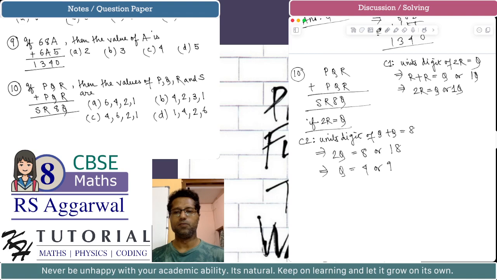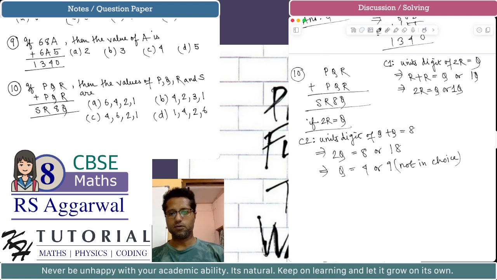But we do not see 9 in any of the given choices. So we should ignore the value of q as 9. In none of the choices do we see the value 9.